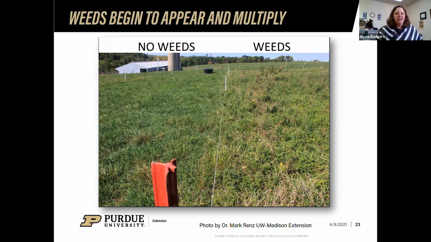Versus the right-hand side, that would be more of our continuous grazing, where you've kind of eaten those plants down to the point where those weeds start taking over because our desirable species just have not had a chance to recover. They haven't had a chance to get their solar panels out and going, so they can't restore those carbohydrates, and those weeds have just shot up. It looks like there's a lot of good thistle in there, which is not something that most of our animals are going to thoroughly enjoy.